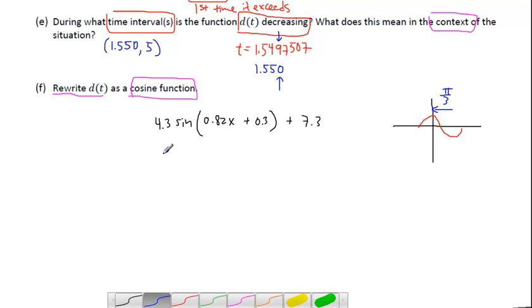So this is going to end up looking more like 4.3 cosine 0.82, and this shift right here, I'm going to make it look like this: plus pi over 3, plus 0.3.